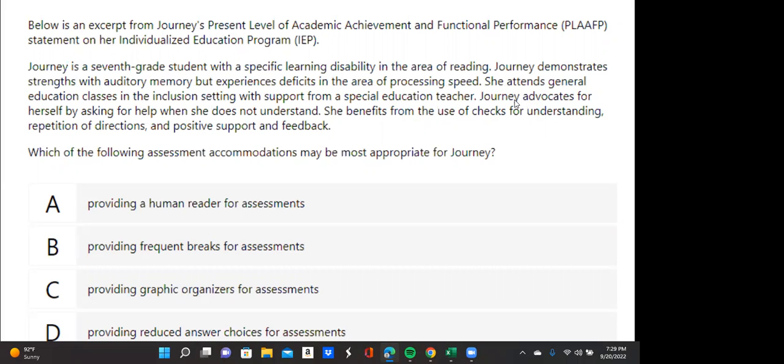We know her specific learning disability is reading. Could be basic reading, could be reading comprehension. We just know it's in the area of reading. But she listens very well. And she's not too quick to complete her assignments. Her area of processing, she has some deficits.